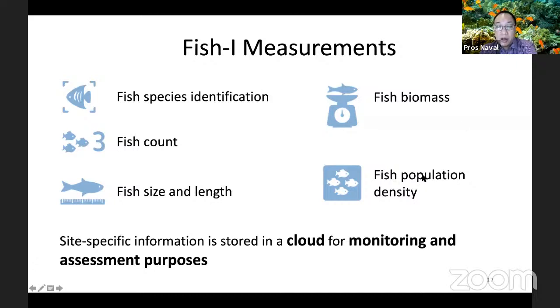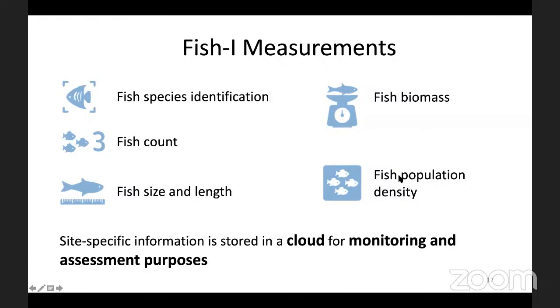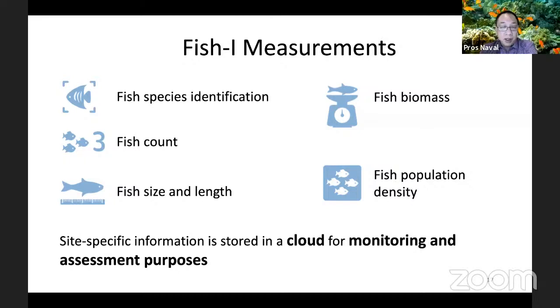And also, it can measure the density of fish in an area. All this site-specific information will be stored in a cloud for monitoring and assessment purposes.